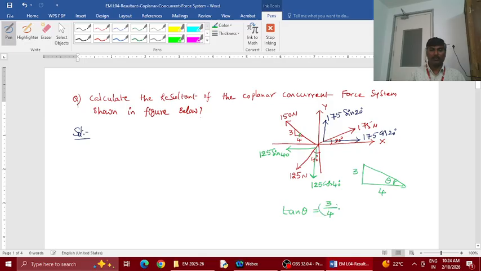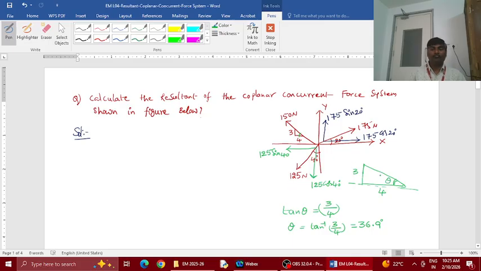So theta is tan inverse of 3 by 4. This gives you the angle of the 150 force with respect to horizontal, which works out to be 36.9 degrees.